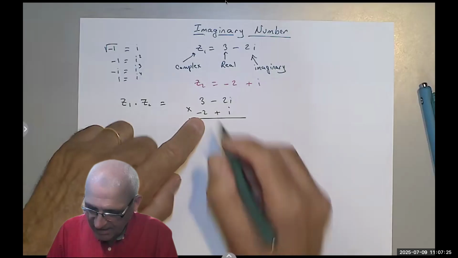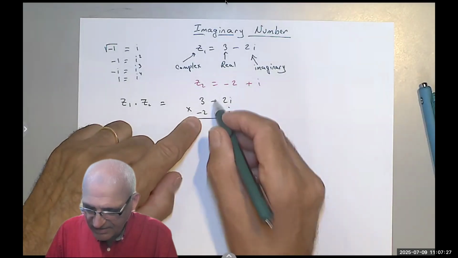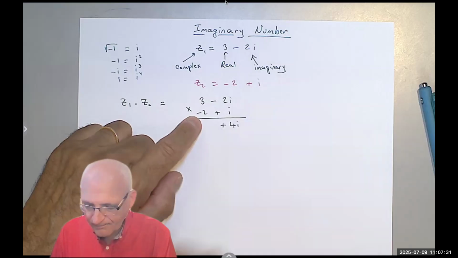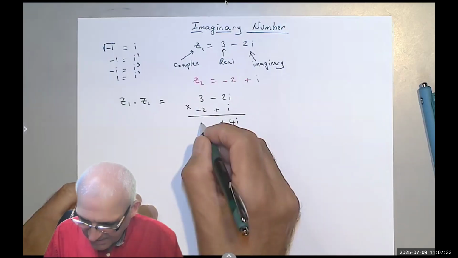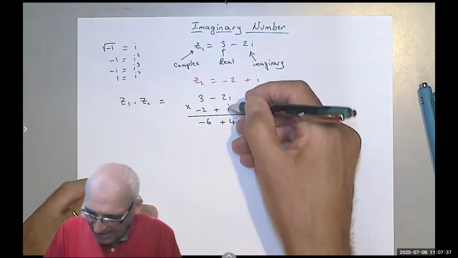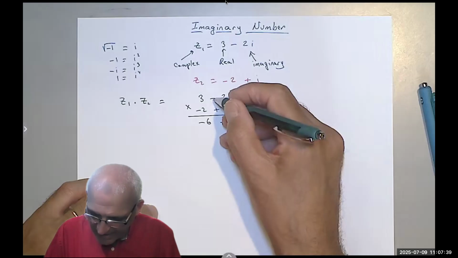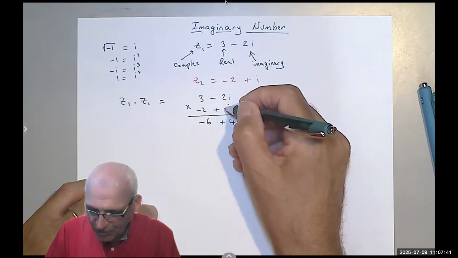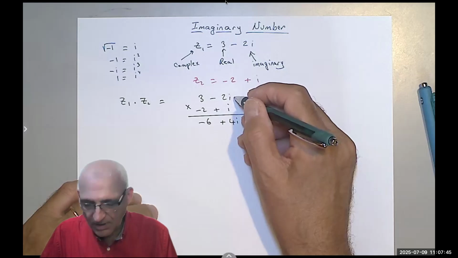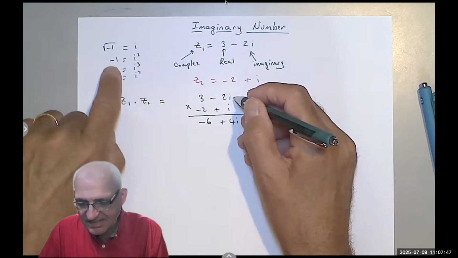So let's start with the -2. Negative times negative is positive, and 2 times 2i is positive 4i. -2 times 3 is -6. And then I'm going to go to the I. First of all, I have -2 times 1 is -2, but I times I is I square. What did we say I square is? Is -1.